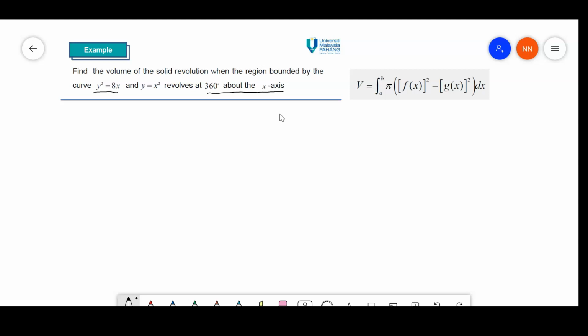The first one we have is y squared equals 8x. Actually, if I rewrite this, I get y equals square root of 8x. And then we have another function, y equals x squared. Alright, let me sketch first.